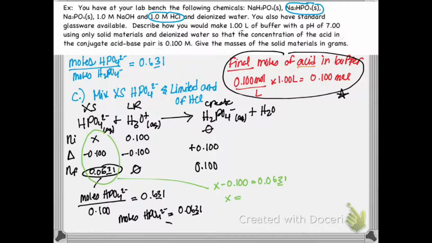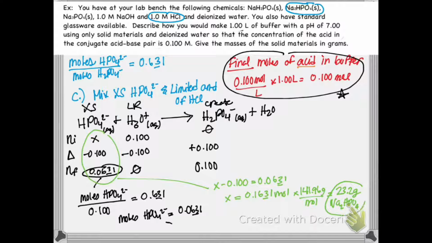So X equals 0.1631 moles of our HPO4 2- that we need to mix with the hydronium to make the buffer. Multiplying by the molar mass of our Na2HPO4, 141.96 grams per mole, gives us 23.2 grams of the Na2HPO4 that we'll put in the buffer.